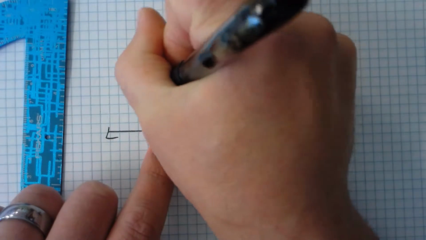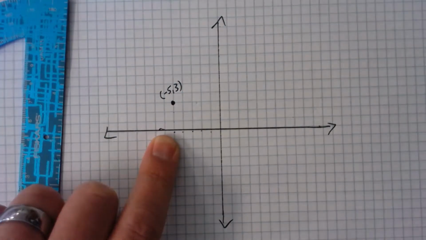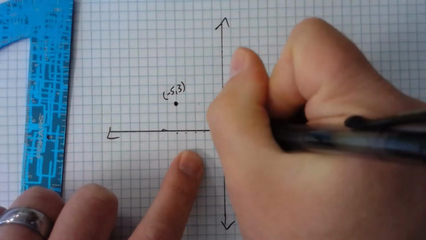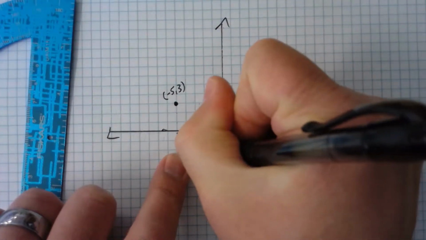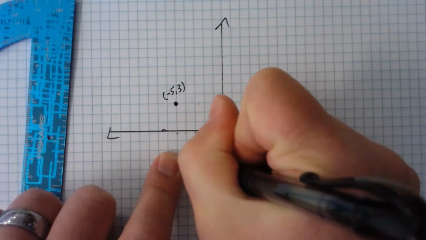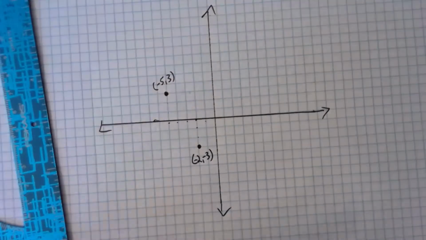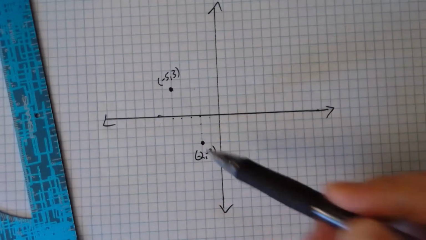All right, so there's my point, negative 5, 3. My other point is going to be negative 2, negative 3. Negative 2, negative 3. All right, so I want to find the distance between this point and this point.